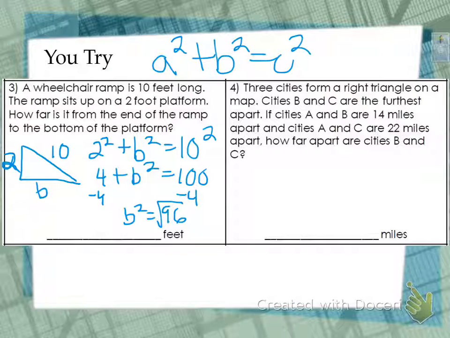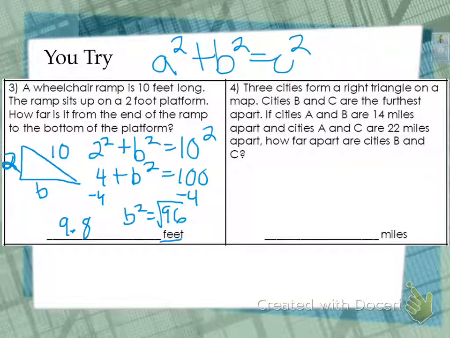And finding the square root of that tells me that the length from the bottom of the platform to the end of the ramp is 9. Now as I round this, I see 9.797, which if I round, it will bring me up to 9.8 feet, and it has my label there for me.